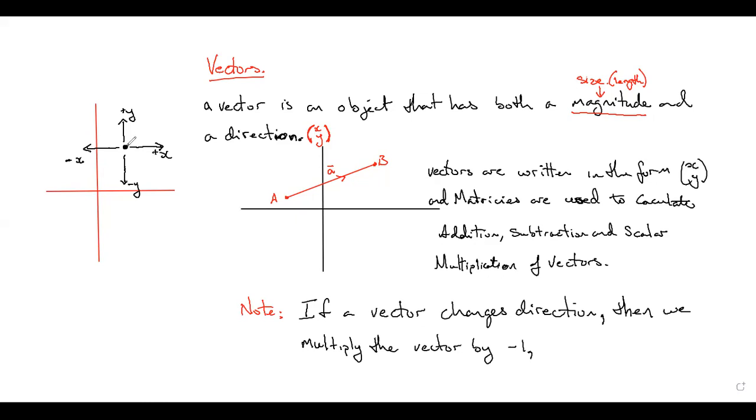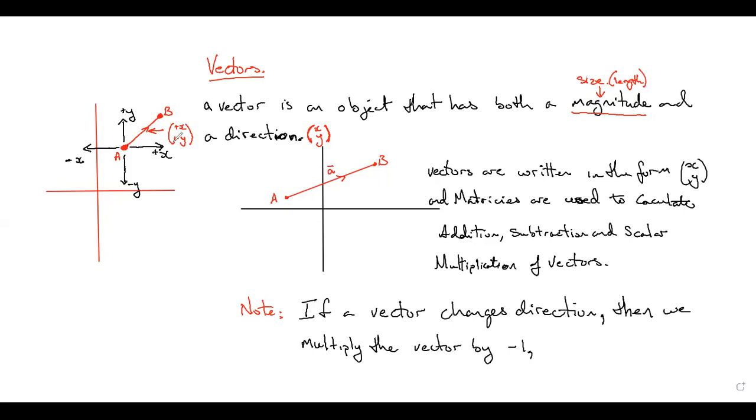If this is a point here, A, and this is the point B, and the vector represents going from point A to point B, the direction of the vector, because we went to the right and then up, will have a positive x value and a positive y value.